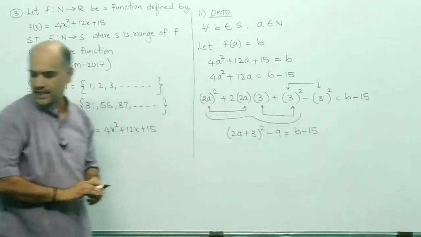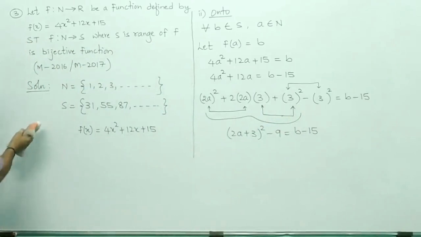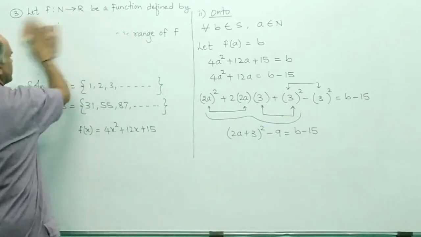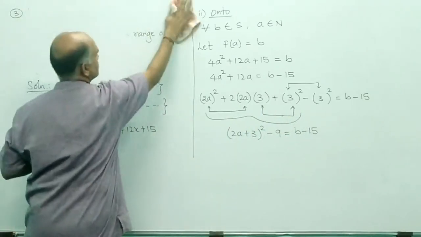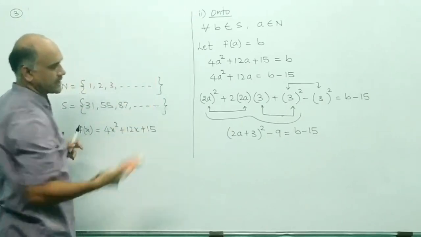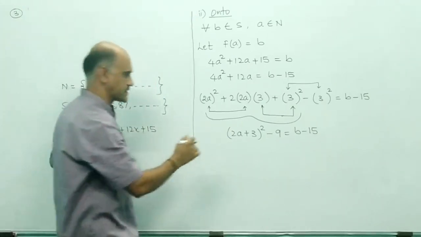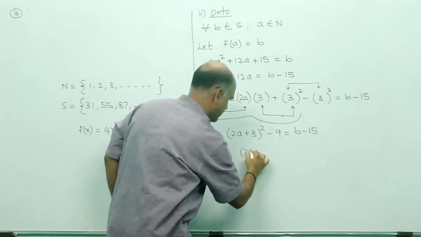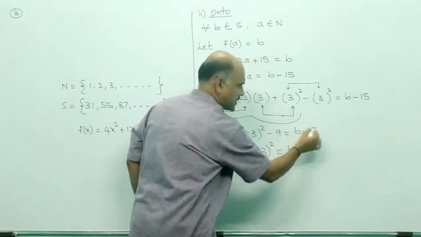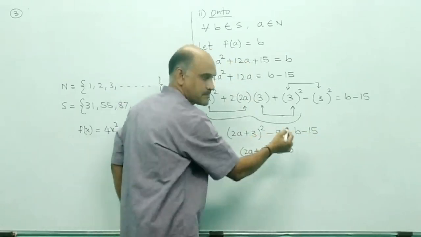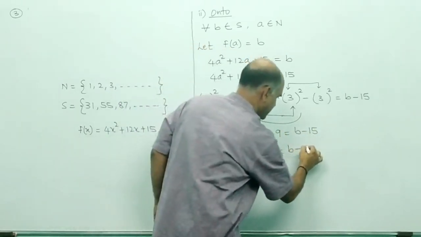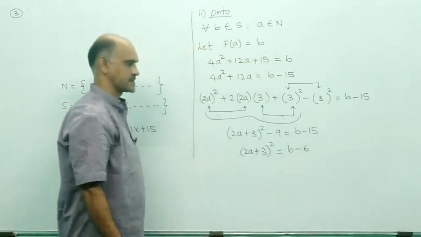Take 9 to the RHS and simplify. So this is 2a plus 3 bracket square is equal to b minus 15 plus 9, which is b minus 6.